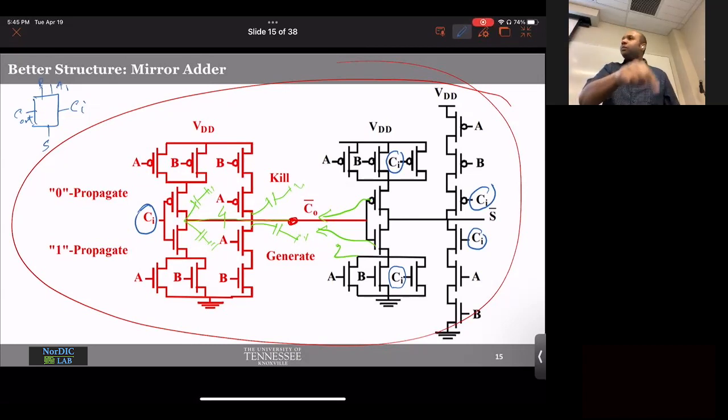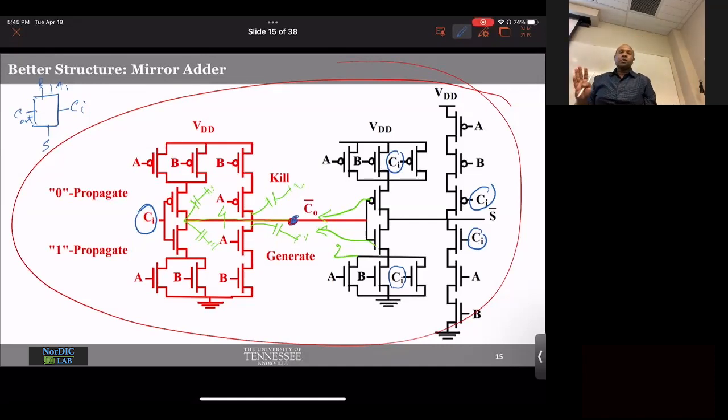Yes, this is carry input for this guy, but this is actually going to come from the carry output of the previous guy. Am I making sense? So the carry out terminal will actually be connected to the carry in for the next stage. Make sense? So wherever you see carry in, this carry in will actually be connected to this node from the next block.